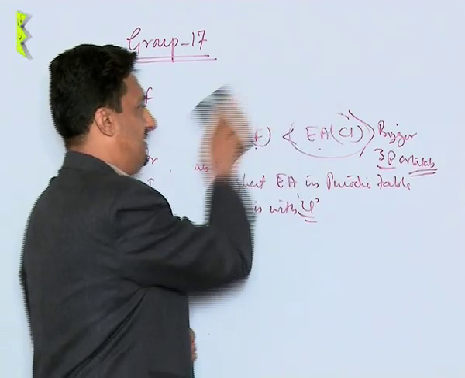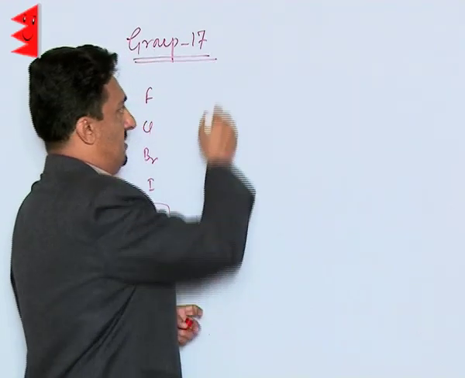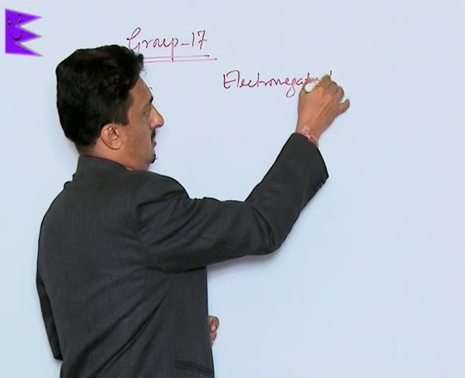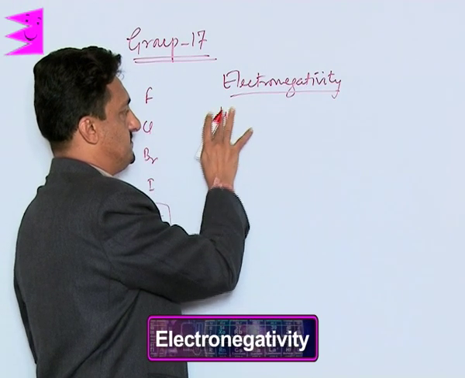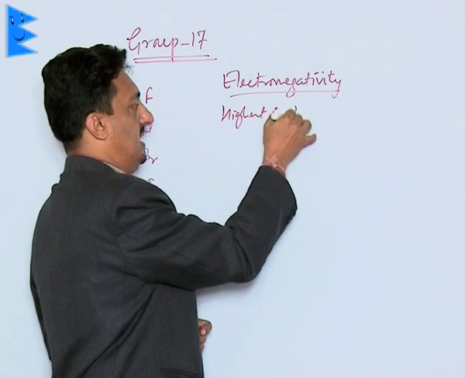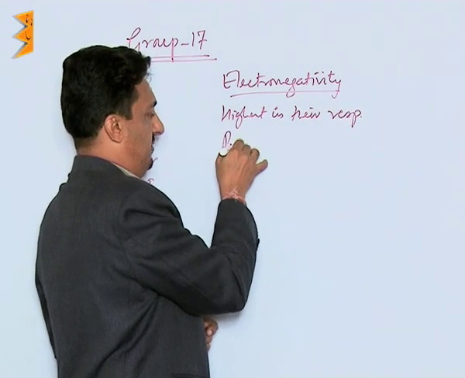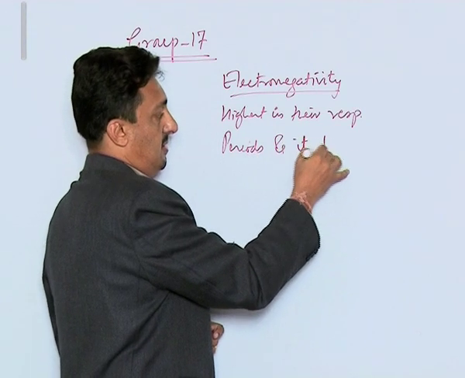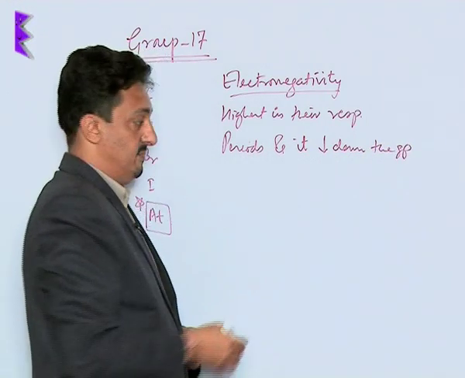Then let us discuss their electronegativity. Electronegativity, again, is highest in their respective periods and it decreases down the group.